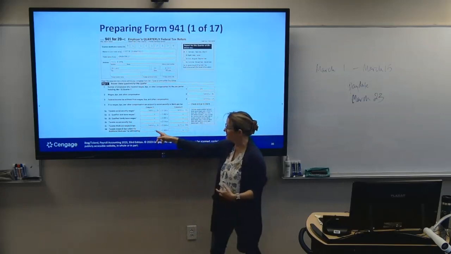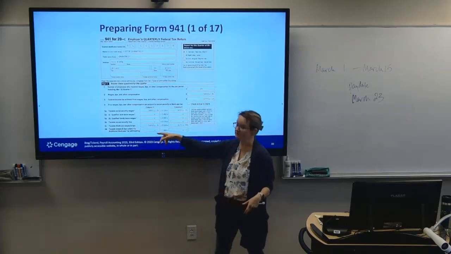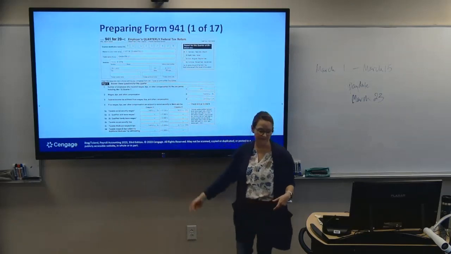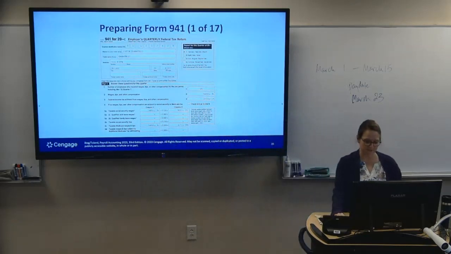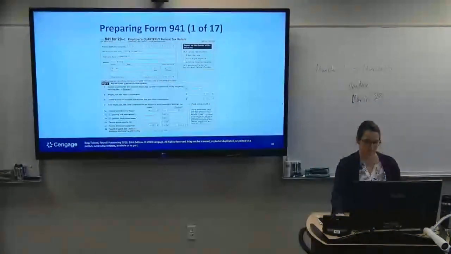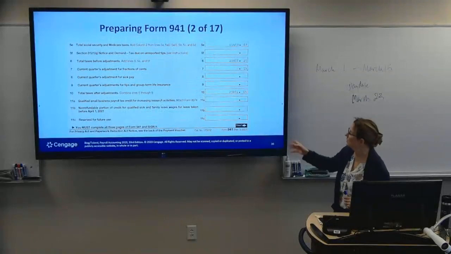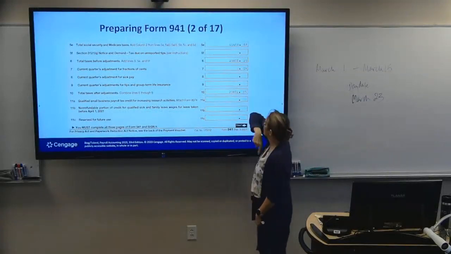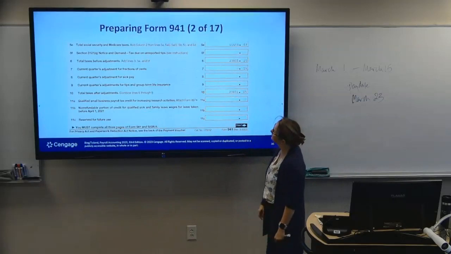So again, that's going to be different from these other amounts, right? That's almost guaranteed to be different unless you had all of the employees making over $200,000 within that quarter. All right. So column 2 is all added up, and the amounts are listed here.